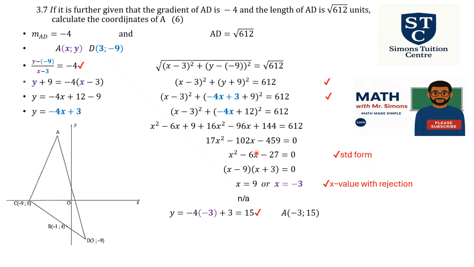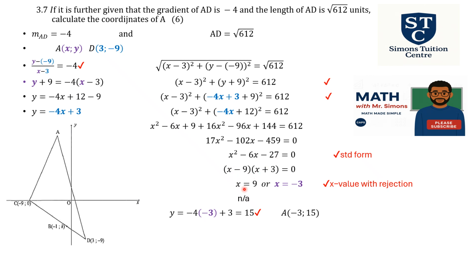Common factor there, 17 can divide into everything. So 17 divided by 17 is 1. 102 divided by 17 gives me 6. And 459 divided by 17 gives me 27. Factors of 27 that add up to -6: minus 9 plus 3 would give me -6, and minus 9 times positive 3 gives me -27. x squared can only be x and x.